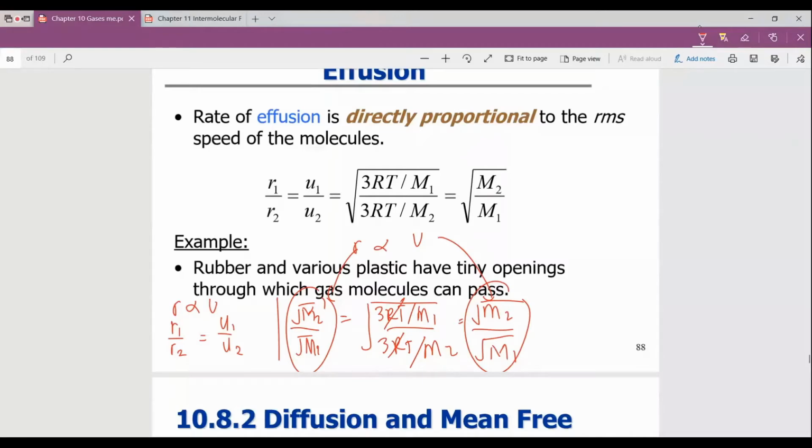How do we get this square root of M2 over M1? Because r is directly proportional to u, this means that this r and this u are equal, so we get square root of M2 over M1. Right, so that we get this one.